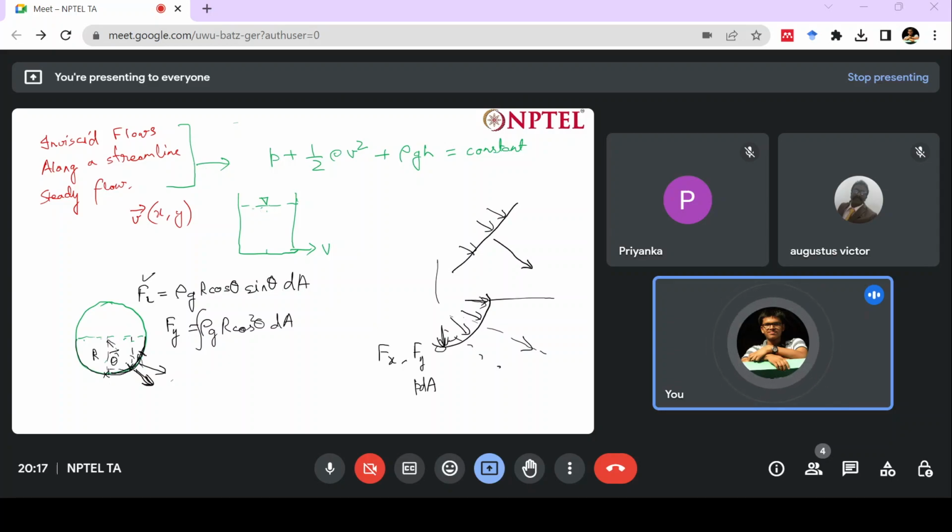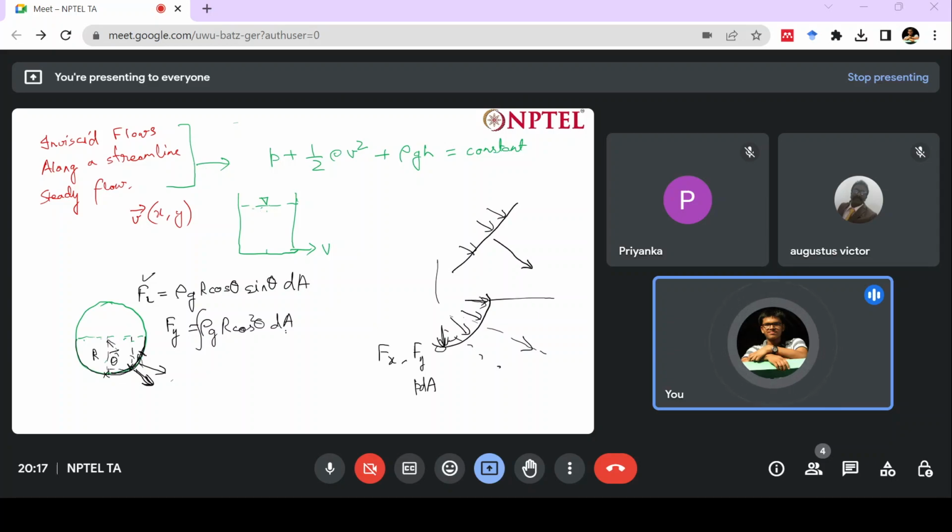If it is a spherical, there will be a third dimension to it. If it is a cylindrical, however, what I have written is correct. I am looking at a cross section, then fx is this. If it is a spherical, then there will definitely be another component that I have to take care of. Fy is definitely cos theta, even in cylindrical.